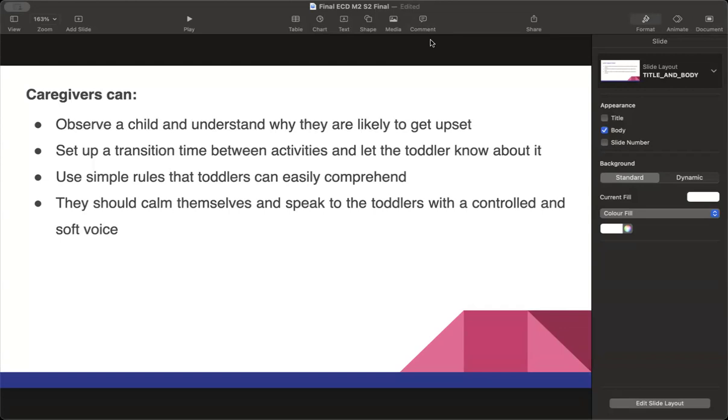In our class, we have transition times and we use sound signals for that transition to happen, and the child eventually gets the hang of it, that every time that siren goes, every time that bell goes, I need to tidy up the activity that I'm doing, put it back in its place, and go to another activity. You cannot just come to a child and say, right, come, finish class, put it away.